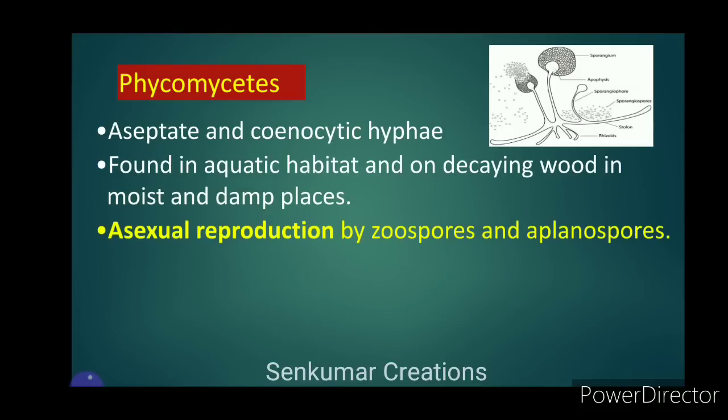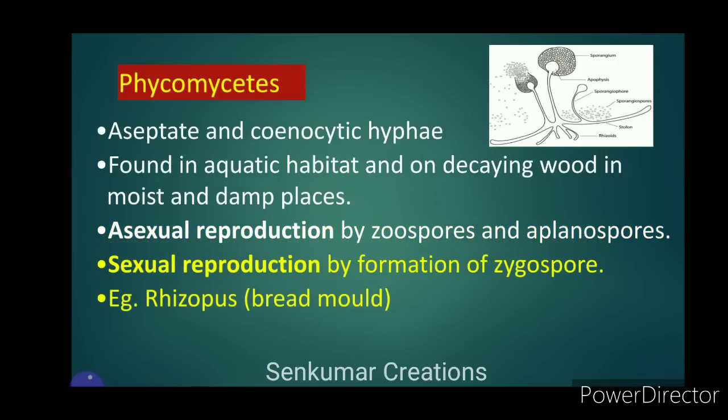Asexual reproduction is by zoospores and aplanospores. So sexual and asexual reproduction both happen in this group. Zoospores and aplanospores are the two responsible for asexual reproduction, and sexual reproduction takes place by the formation of zygospores. Example, Rhizopus, bread mold.